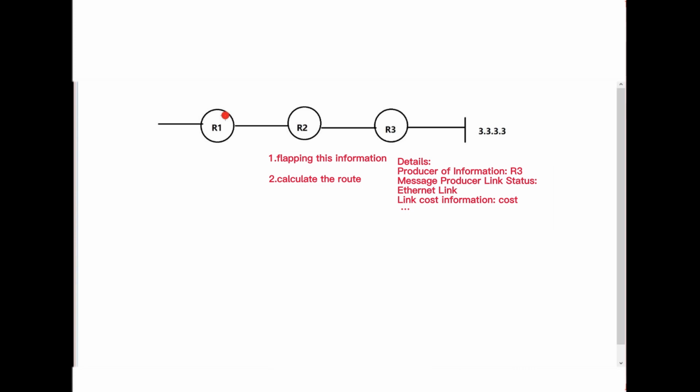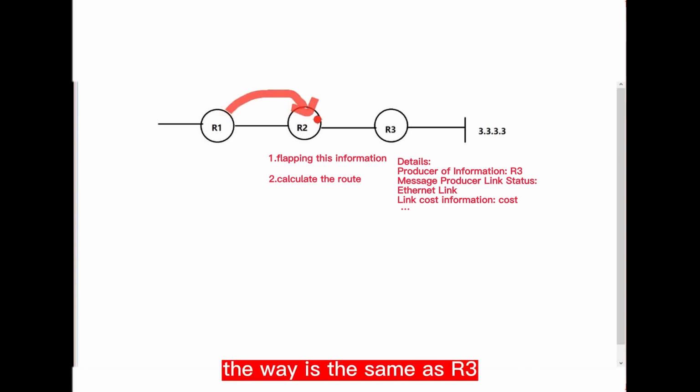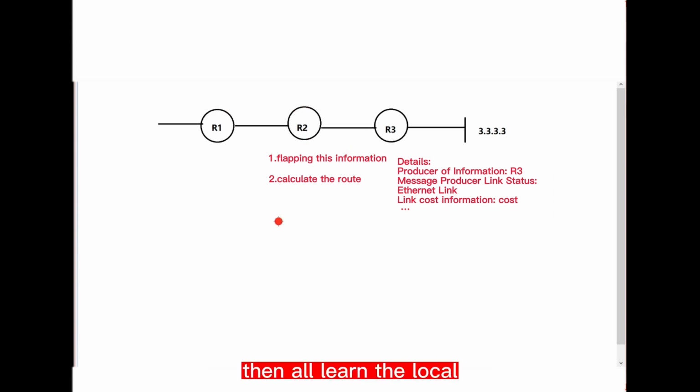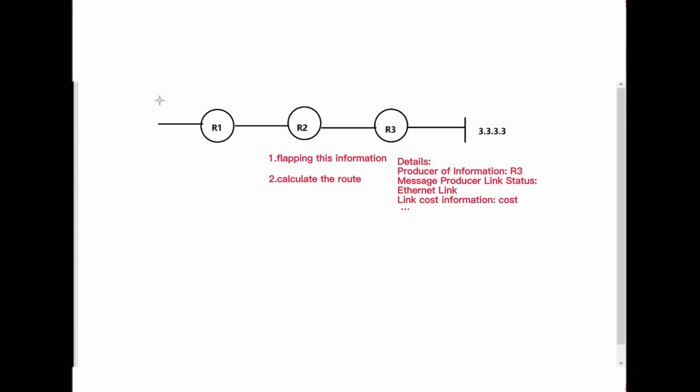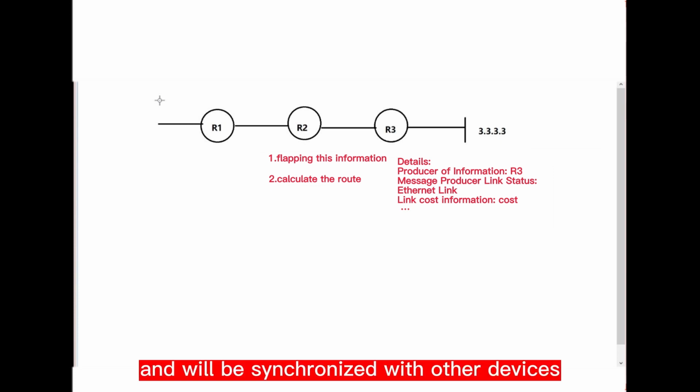After generating, the way is the same as R3. They flood each other, then all learn it locally and calculate on their own. That is to say, all devices in the network will generate detailed content and synchronize it with other devices.